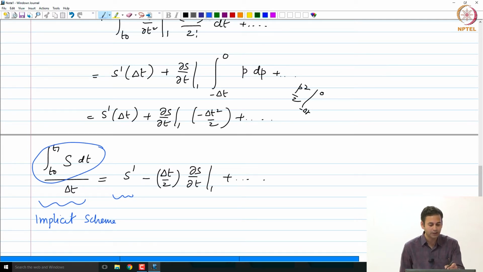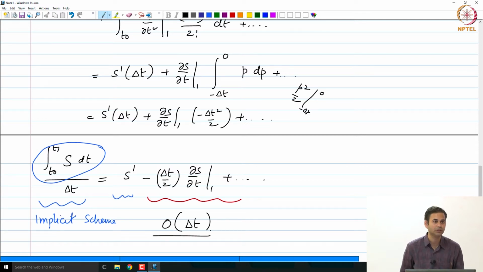And what is the error we are committing in doing so? Whatever is left over is what we are committing as an error, right. Now, what is the order of accuracy of this error? First order. So, this will be only order delta t. So, this implicit scheme that we are working with is only first order in time, and all other spatial assumptions are second order in space if we have a uniform mesh.